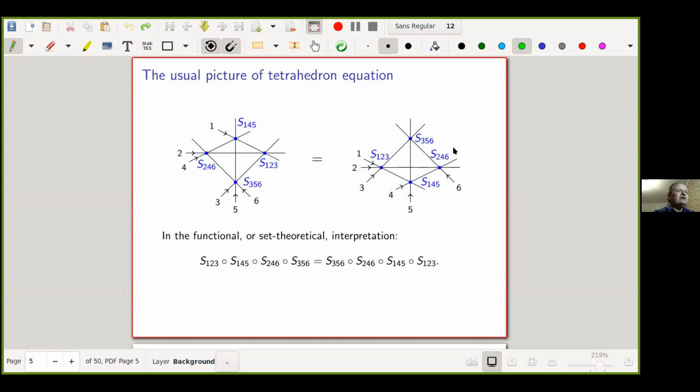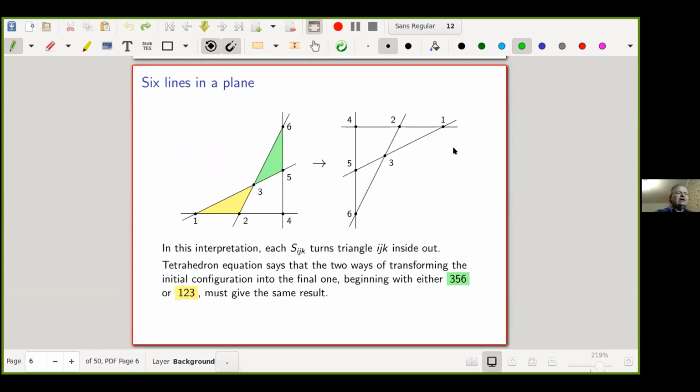Each number here corresponds to a line, but here the previous picture is intersected by one more plane, and so each line, when it intersects this plane, gives clearly a point, and there are these 6 points.